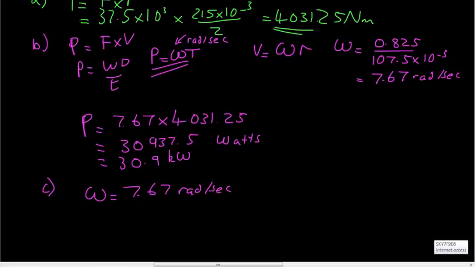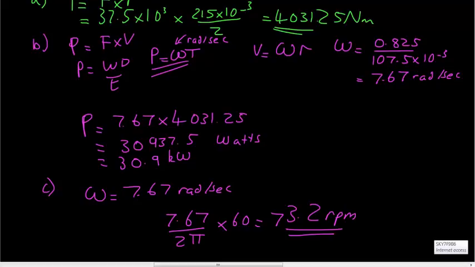Now, to get that to RPM, we need to do 7.67 divided by 2 pi, that will give us our number of revolutions per second, however we want per minute, so we need to times by 60. That will give us 73.2 RPM.